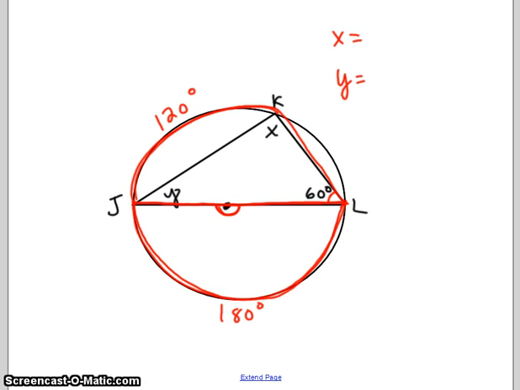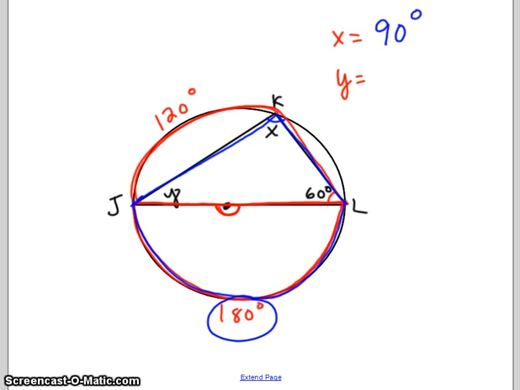But also we have angle K, which is our x value. Angle K forms arc JL. So angle K is half JL. So x equals half JL. JL is 180 degrees, so half of 180 is 90 degrees.